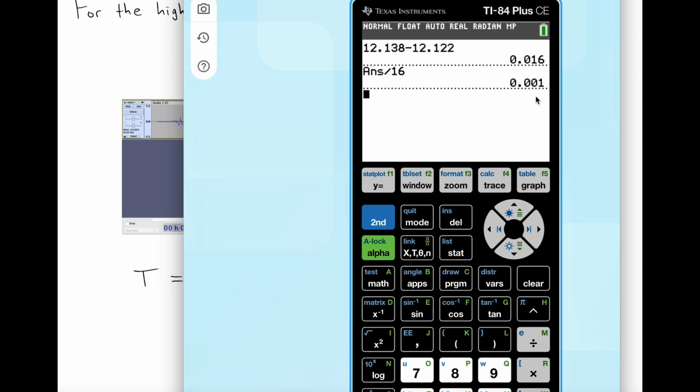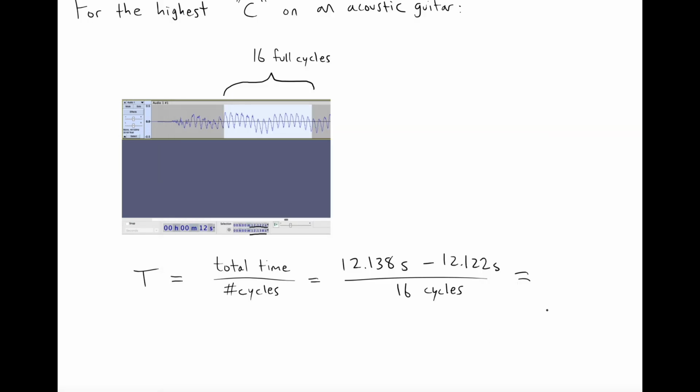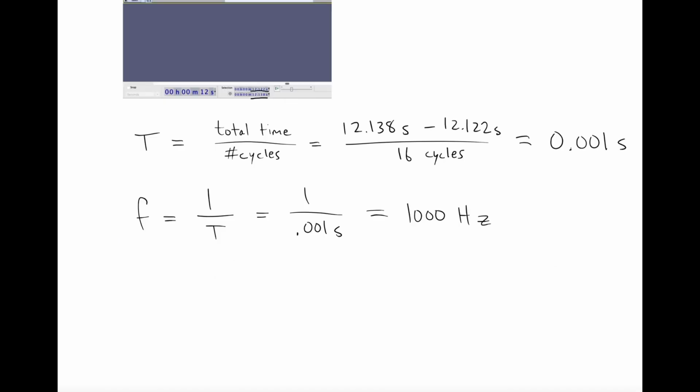It looks like it is 0.001 seconds. And now we can calculate the frequency of that note. It's going to be 1,000 hertz. Let's look up the accepted value for a high C on an acoustic guitar.